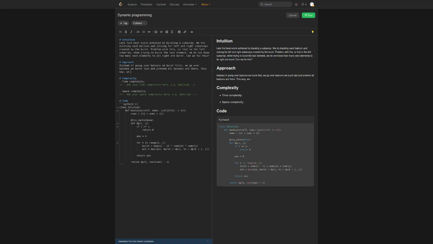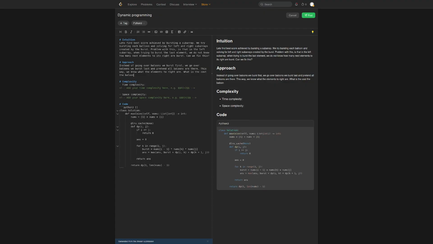This way we know what the elements to the right are and what is the cost of the balloon being popped last.